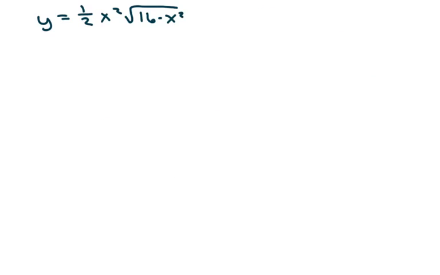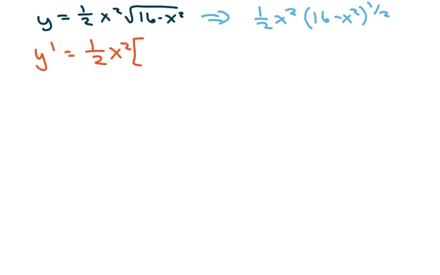And we have one more. So again, I'm going to rewrite this as 1/2 x squared times 16 minus x squared to the 1/2. So let's take the derivative of y. So we're going to write down the 1/2 x squared, then take the derivative of this piece, which is 1/2 16 minus x squared to the negative 1/2 times negative 2x.